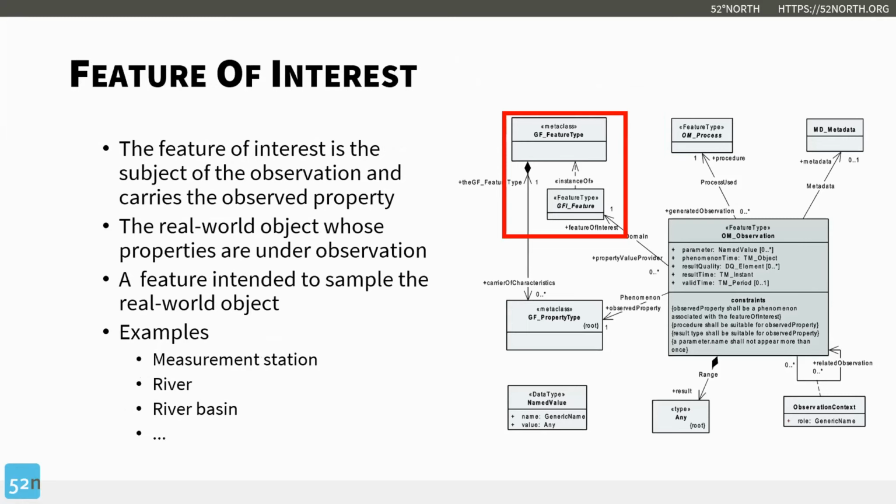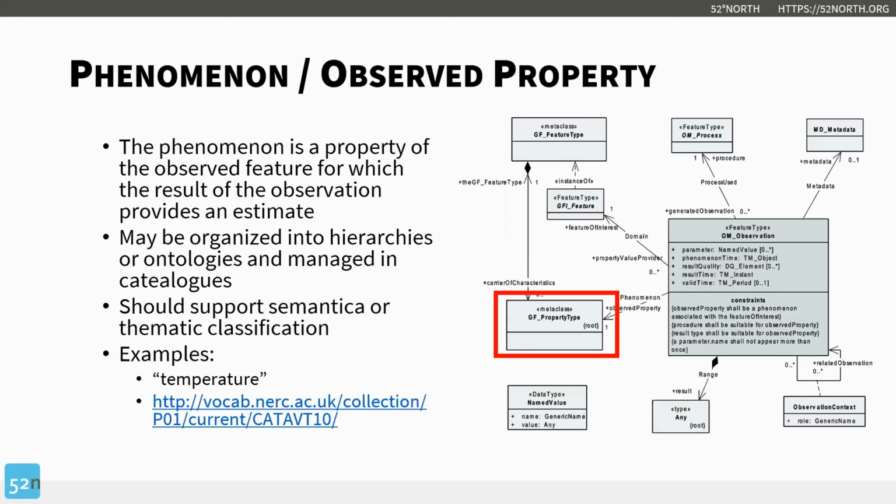The feature of interest, I mentioned that's our geospatial reference which we have. The observed property is the reference to the parameter which we are observing. One important thing here is that there's a trend towards the use of vocabularies to have not only the syntactic interoperability of the SensorWeb standards, but also some kind of harmonized content.